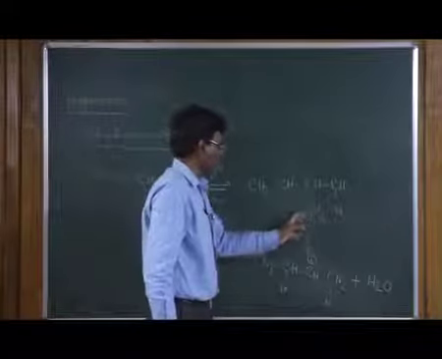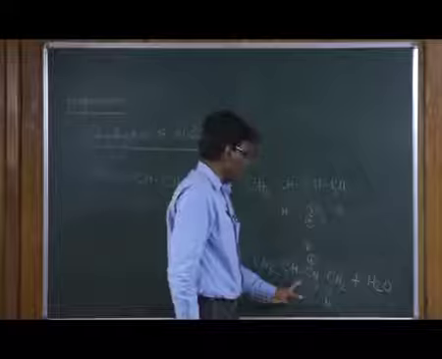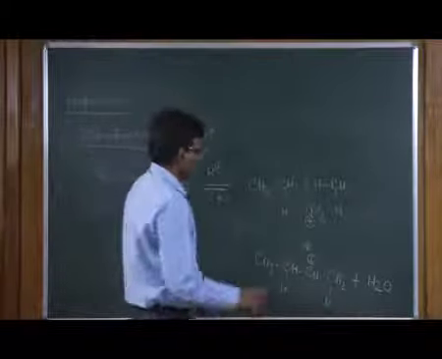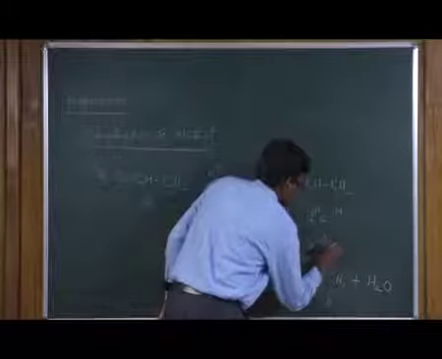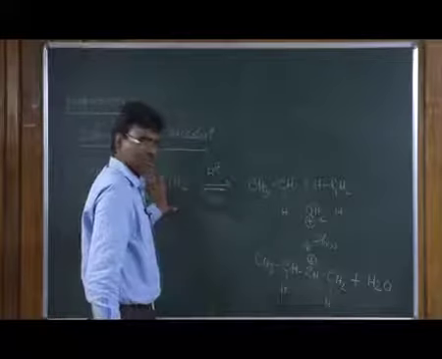Once you form this intermediate, the carbon-oxygen bond cleavage takes place to form a carbocation plus water. This is a slow step, called the rate determining step. The protonation is fast and reversible.